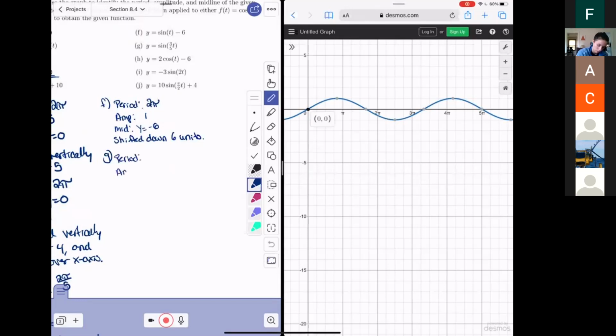If you guys want, we could do the amplitude and midline, but we have to do the transformation before the period. So what is the midline? Y equals 0. Good. And based off that, what is the amplitude? 1. 1. Good. Any questions on that?